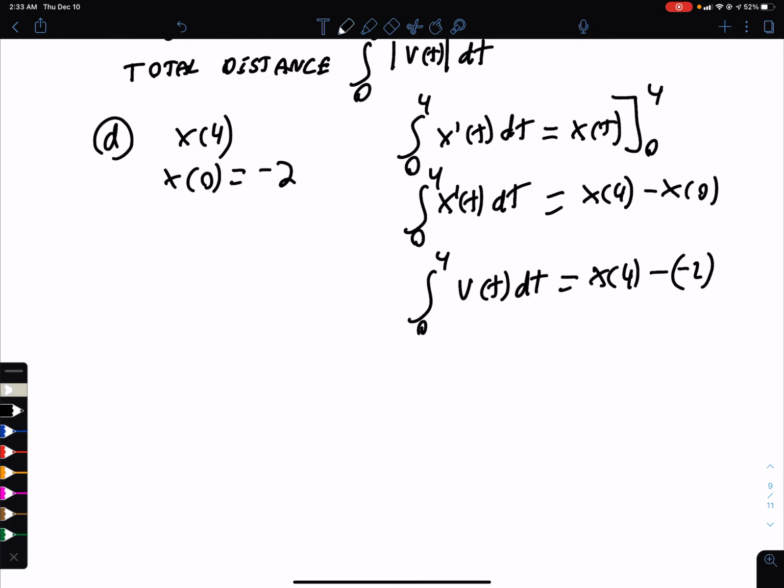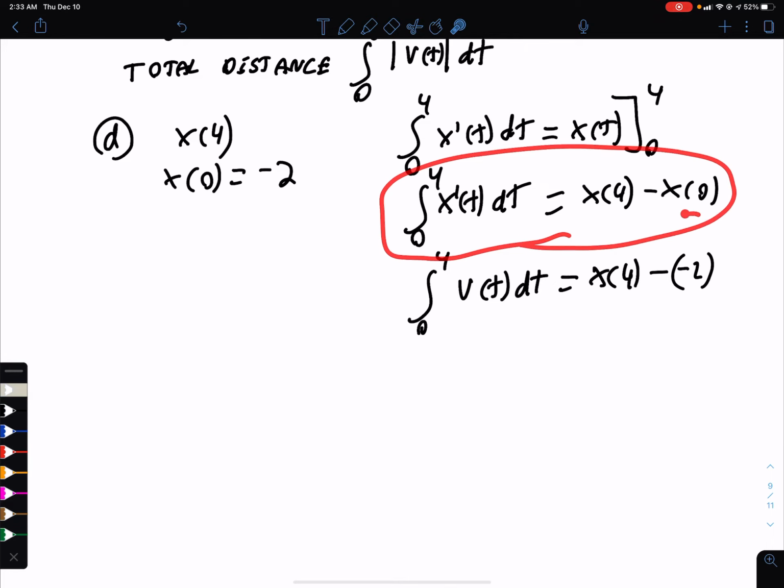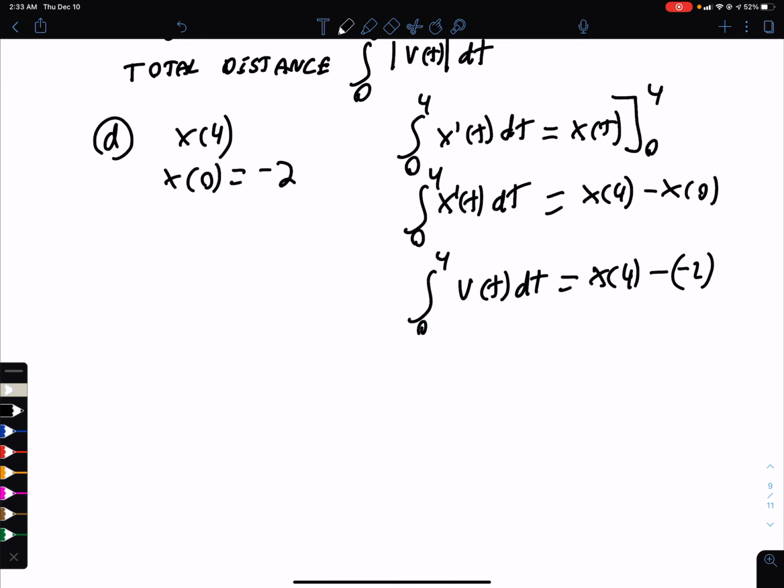So my answer, the position at 4, is going to be, well, I'm going to move that to the other side. So I'm going to add negative 2 to the other side. Let me start with this general form right here. I'm going to add that to the other side, and you get this. The position at 4 is the position at 0 plus the integral from 0 to 4 of x prime of t dt.